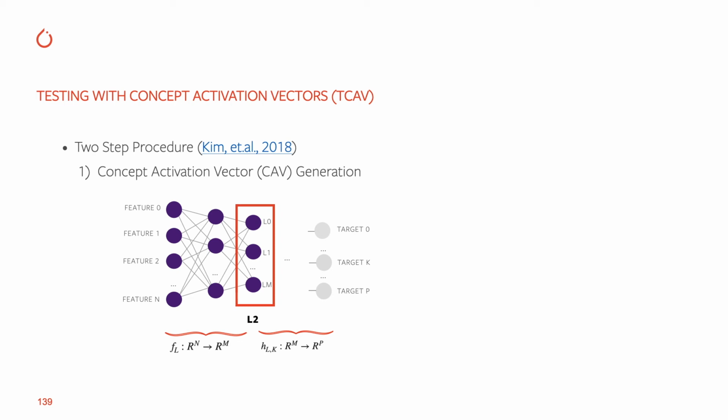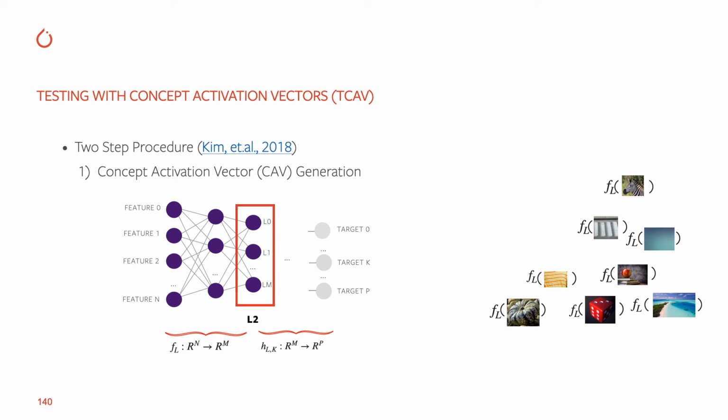Let's select a layer in this model and call it L2. Let's also assume that we are given an f_L function which computes the activations in the layer L2 and an h_L function that takes activations in the layer L2 as inputs and produces the output of our model.